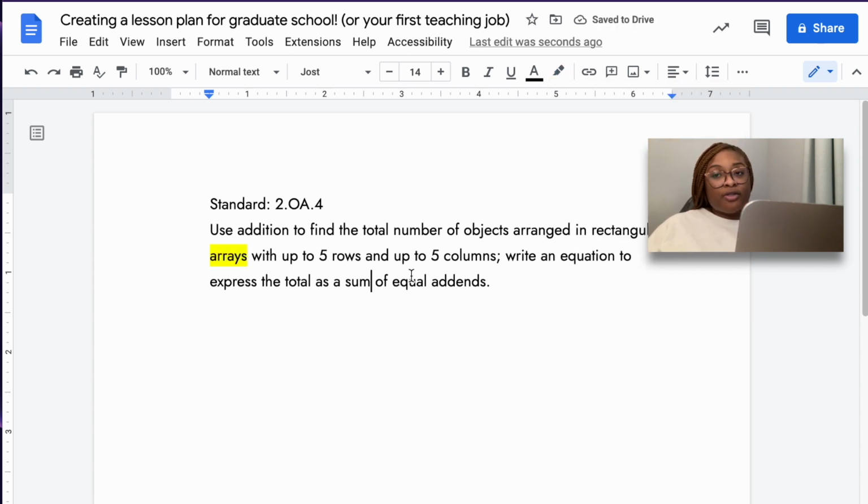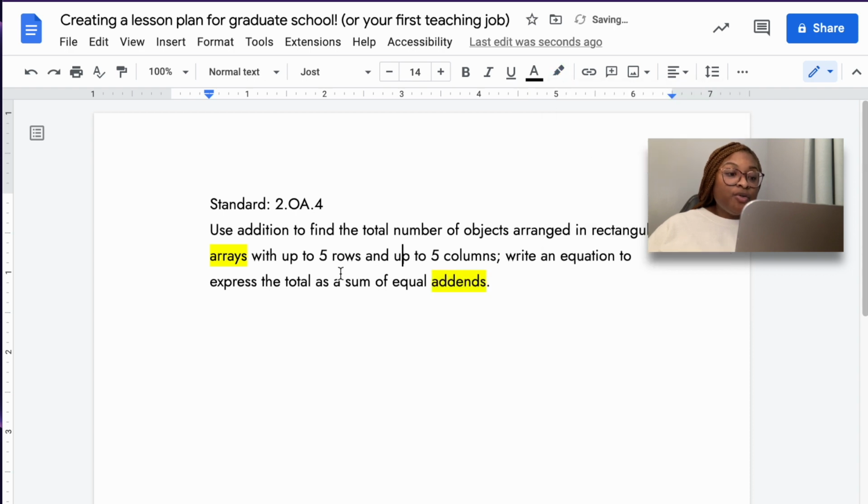And yeah, I'm just going to talk to you guys as if I'm planning it for my own students because that'll be easier. Okay, so arrays, rows and columns, they should kind of know already, but you're going to want to reaffirm that. They should know what an equation is. They also will want to know what an addend is, which is basically numbers that are being added together.